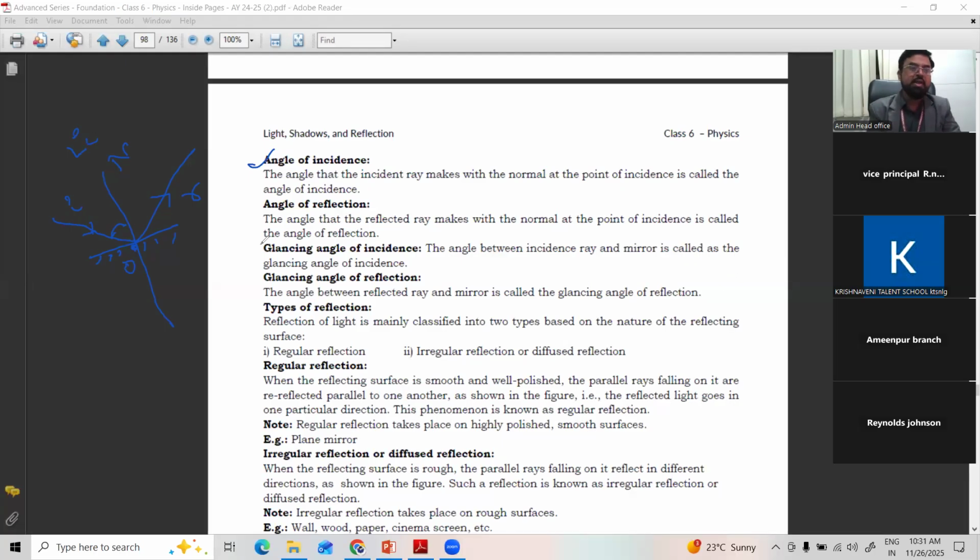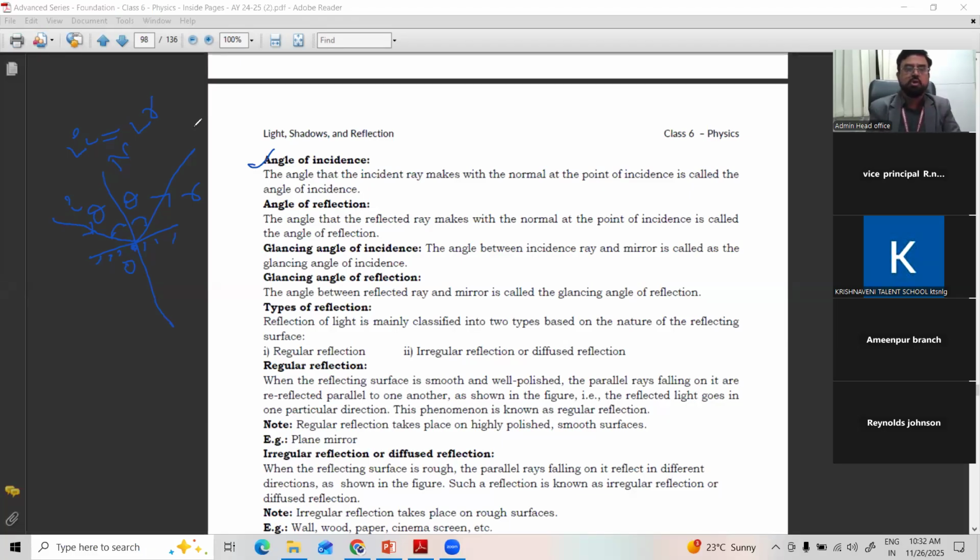The angle made by the incident ray with the normal. Similarly, the angle made by the reflected ray with the normal is called the angle of reflection. One thing is, for a smooth surface, the angle of incident is always equal to the angle of reflection. That will come as the law of reflection. Right?